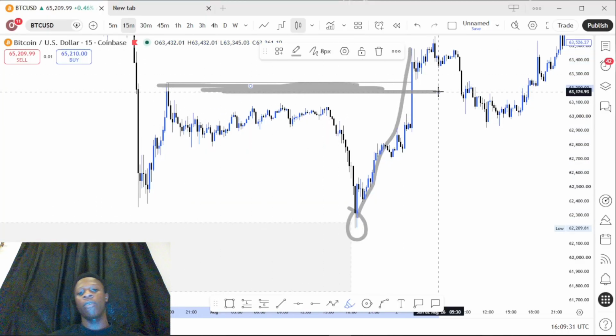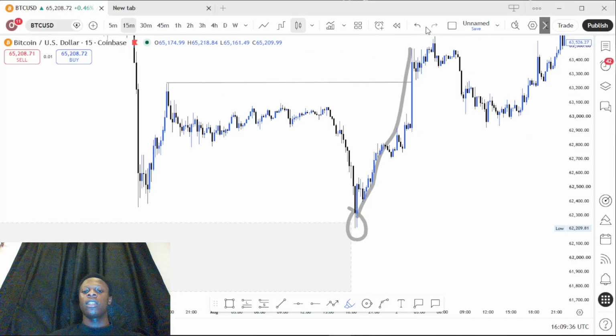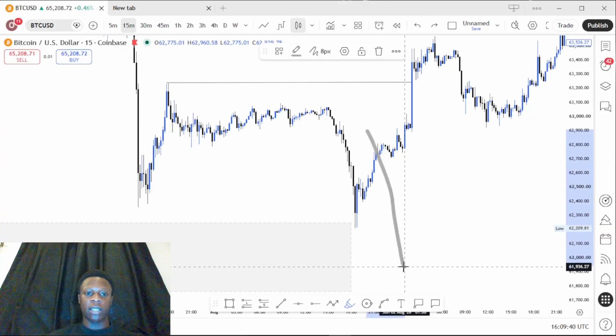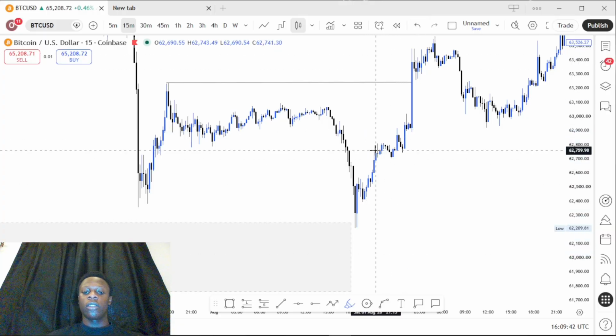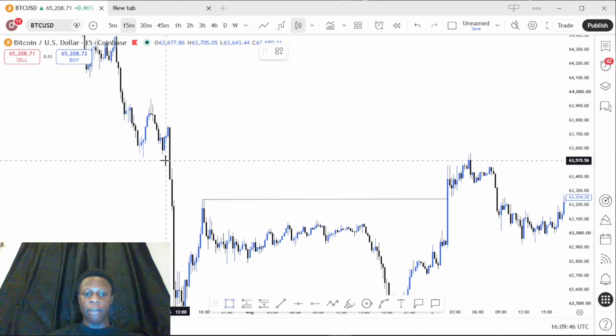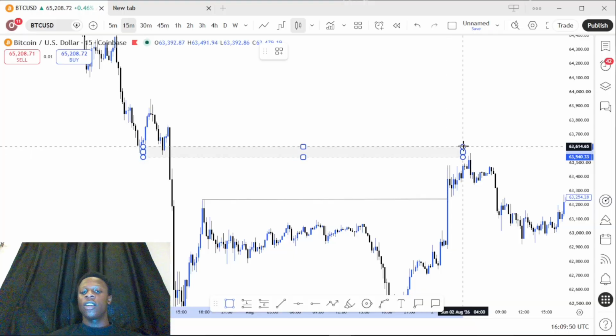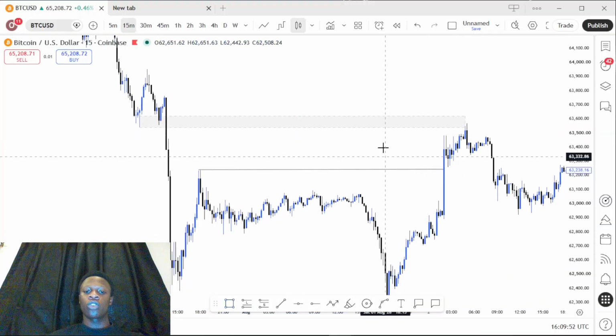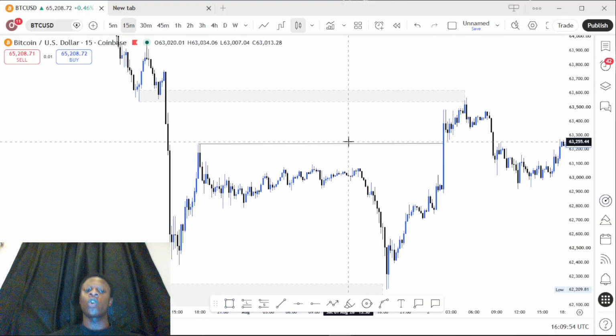But for those still selling the market, for those selling right here, it's going to be an inducement for them. They won't call this a break of structure. They will call it an inducement.